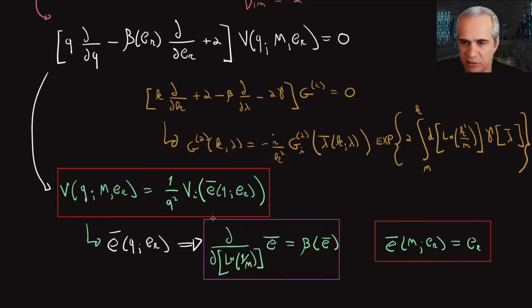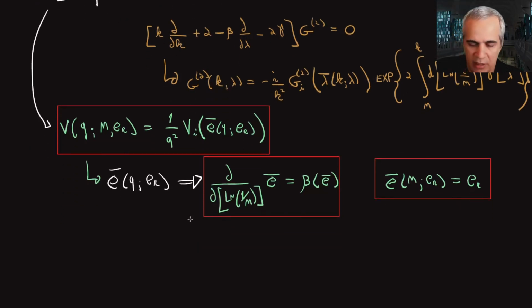In fact, the potential is not that interesting because it's quite trivial. As we know, the way to get these initial conditions is to expand both sides of this equation perturbatively. And then we'll get that V of Q is approximately e squared over Q squared, which means that, in order to do that, I just calculate this at M, and of course that can be done for any value of M and e_R.